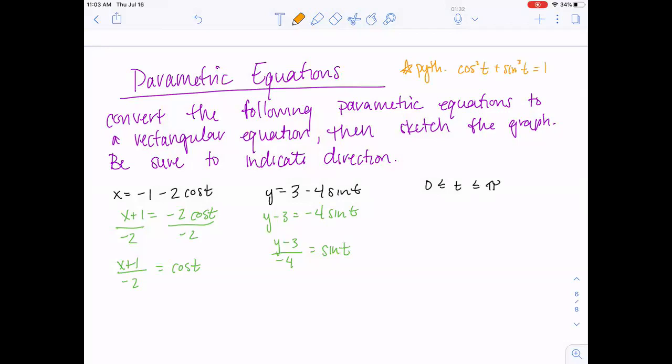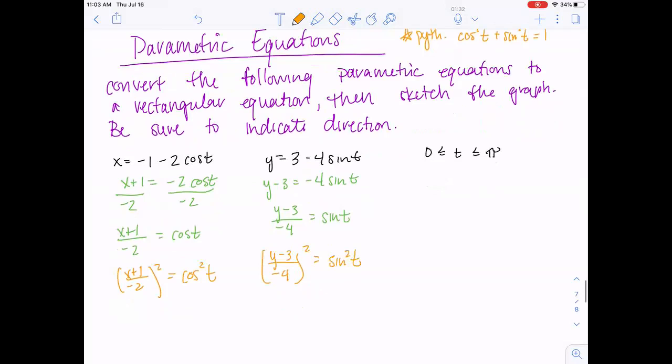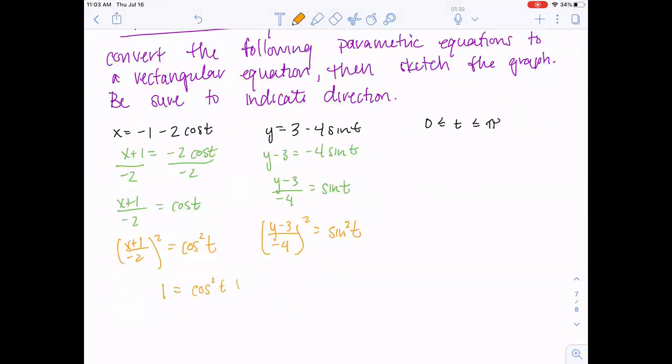Let's use that. If I square both sides, then I can add these things together. So 1 is equal to cosine squared t plus sine squared t, and then I can substitute. So 1 is going to equal, and I'll put that square on the top and the bottom now.